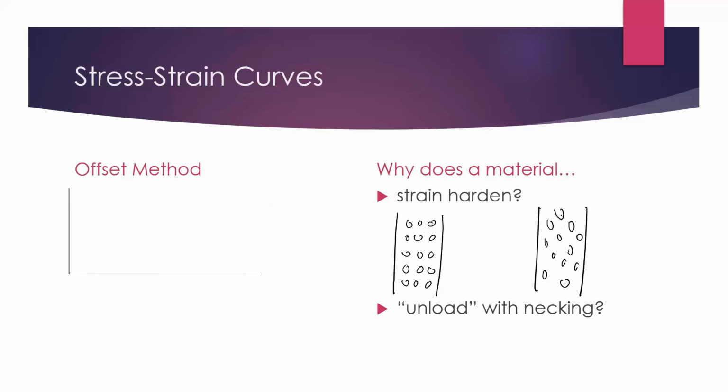But at a certain point, you start to see this necking, where now we're going the other way and we're decreasing our stress. So what do you think that's all about? It's because all the strain is going to narrowing the area. Yes, it has to do with that narrowing of the area, definitely.